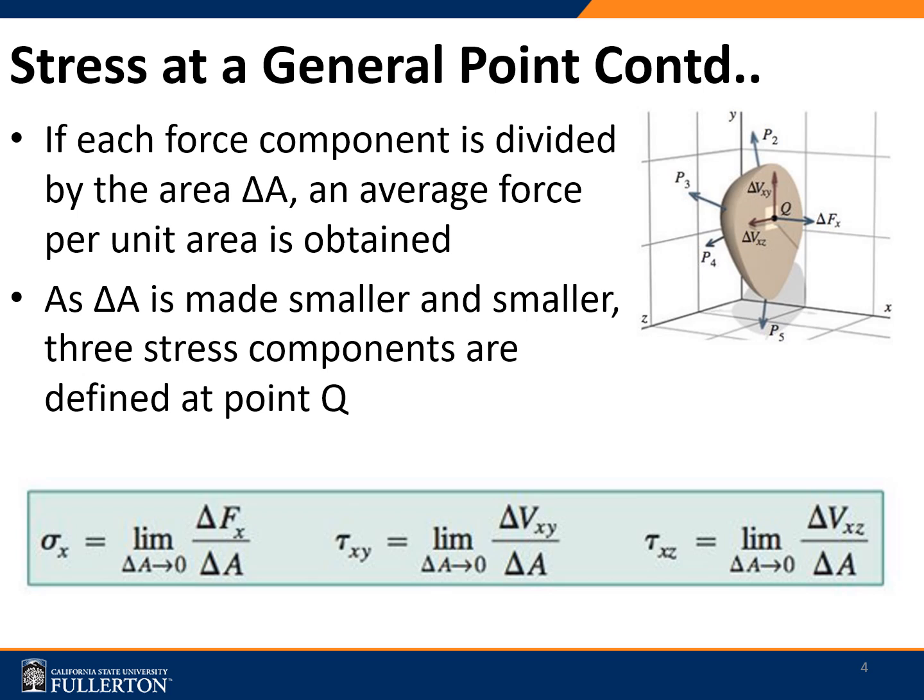For a particular point, the arbitrary point we considered Q, the force is divided by the delta A, the area where the delta A can be made smaller and smaller.